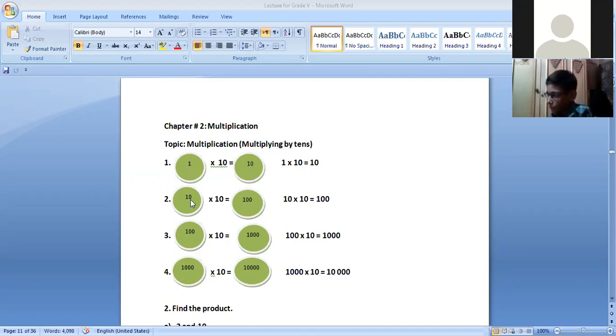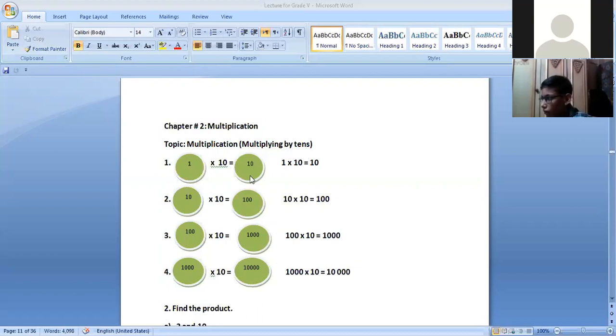In the same way, when you multiply 10 by 10, then 10 tens are 100. When you multiply 100 by 10, the answer will be 100 tens are 1000. And in the last, when you multiply 1000 by 10, the answer will be 10,000.